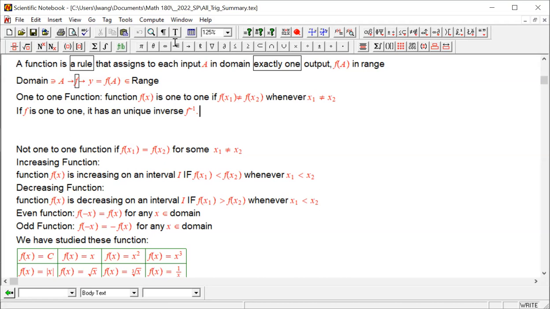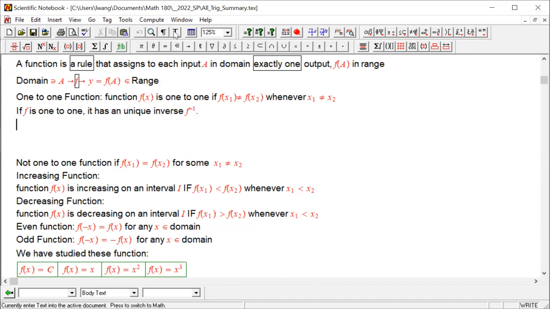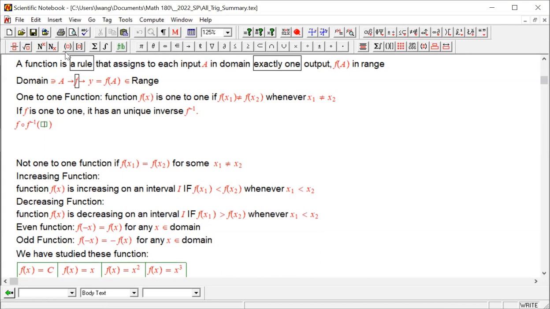What is more, there's a very interesting relationship here. We have f composite f inverse of x, and that equals x. This is the composition where this x is from the domain of f inverse.